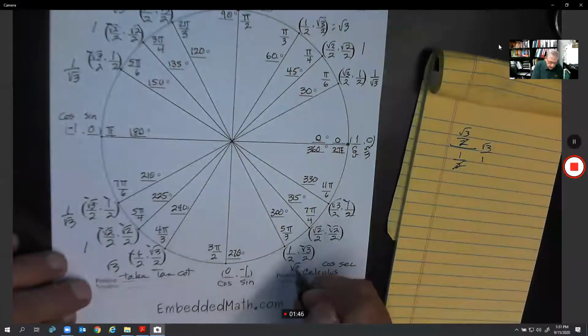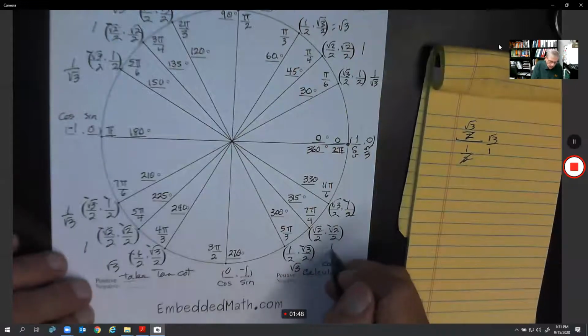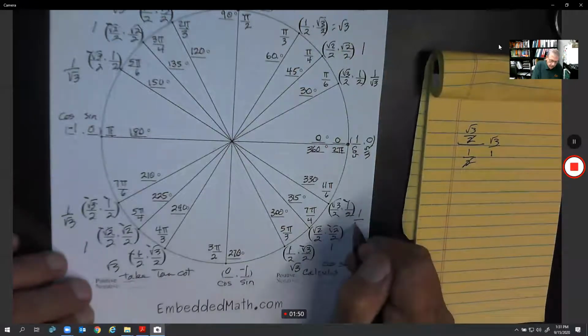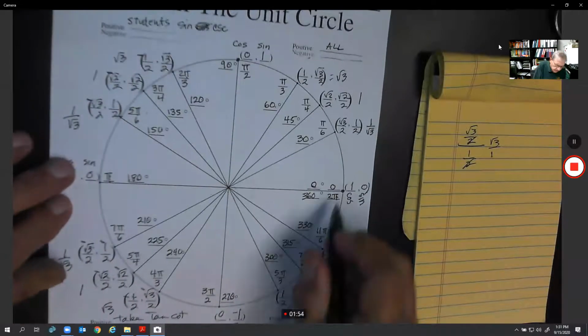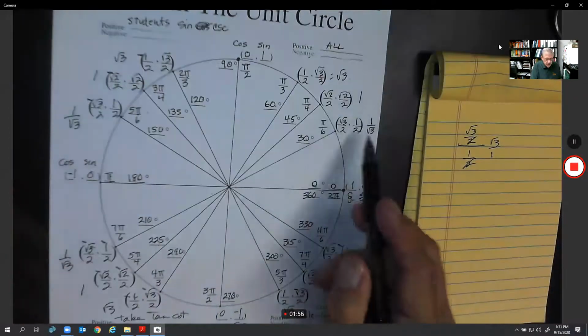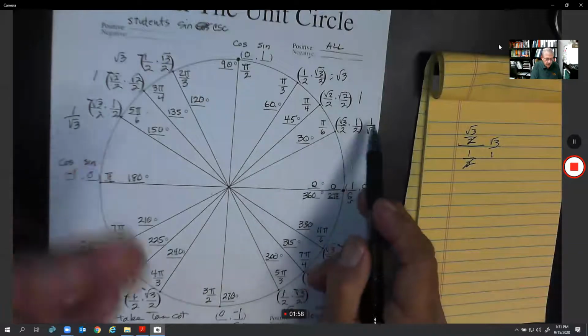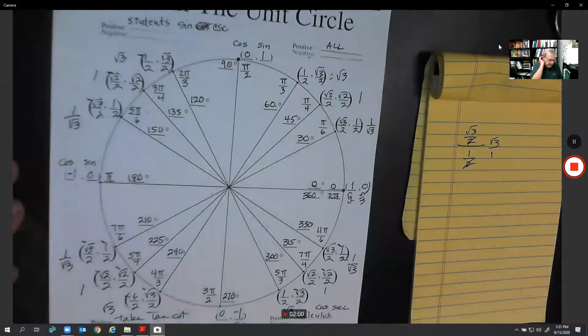Radical 3, 1, 1 over radical 3. And now you've got your tangents right away, so you can find your tangent, because that's usually what we use, sine, cosine, or tangent. So all the tangents are going to be outside the parentheses.